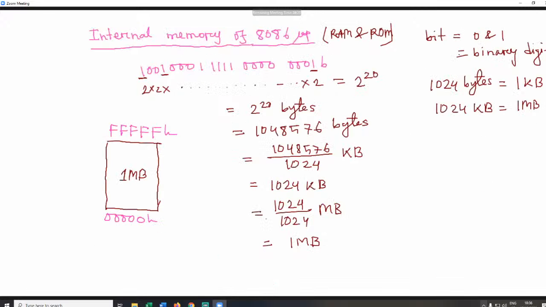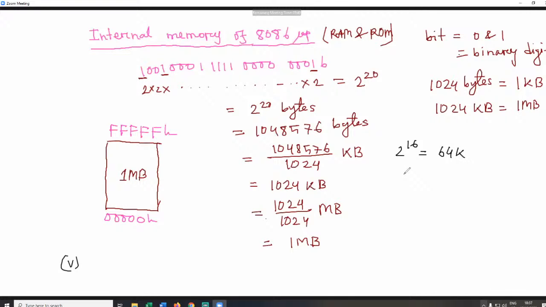Now point number 5: how many input output ports can the 8086 support? The 8086 processor can support up to 64K input output ports. How do we get that? Because it is a 16-bit processor. 2 to the power 16, if you calculate that, you get 64K.